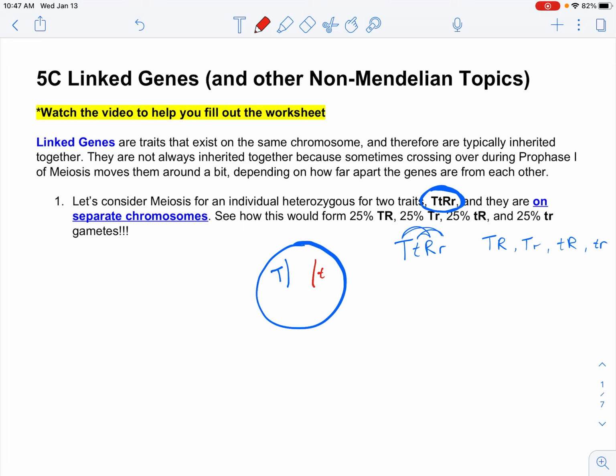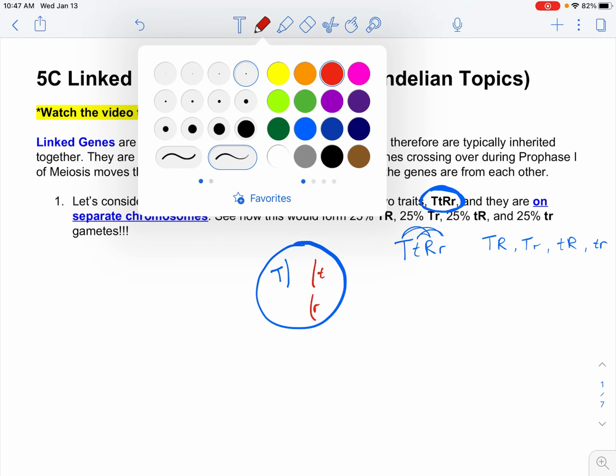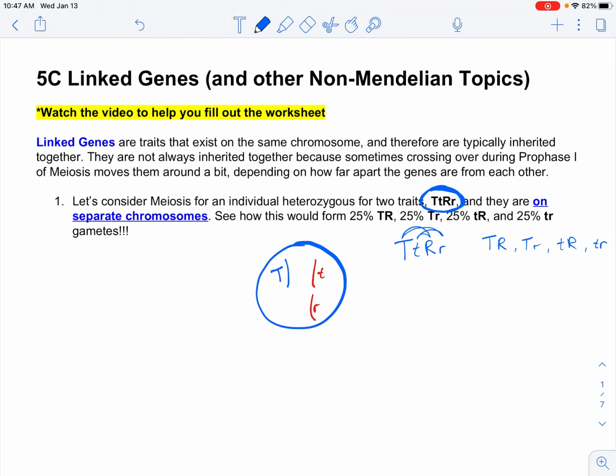And then let's say the gene for whether it's round or wrinkled is on another, totally different chromosome. So these would be chromosome number 1, and this would be chromosome number 2 or something like that. I don't even know what number chromosome they're on, but there we go.